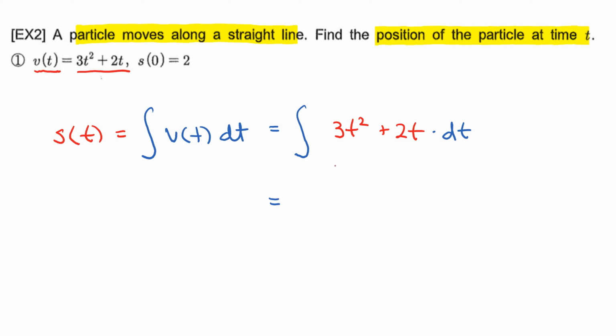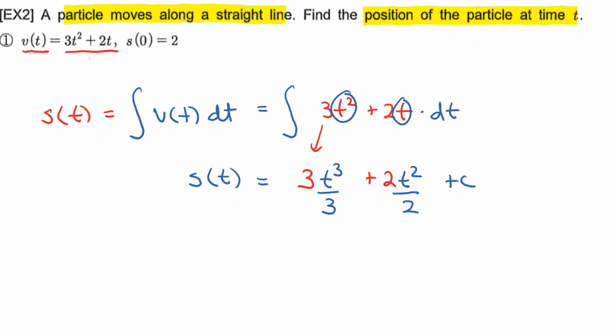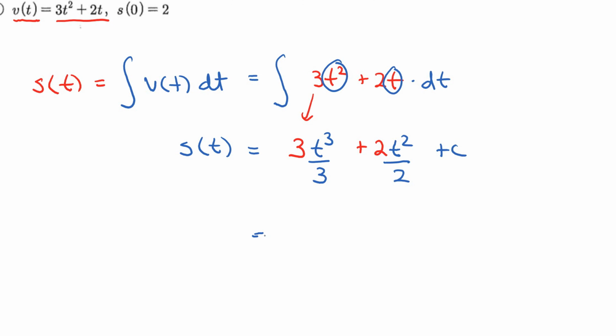The 3 can stay in front, and t squared is going to be t cubed divided by 3, plus 2 times t, which is going to be t squared divided by 2, and then plus c. After that, I would simplify this if you can. So this is going to be t cubed plus t squared plus c.